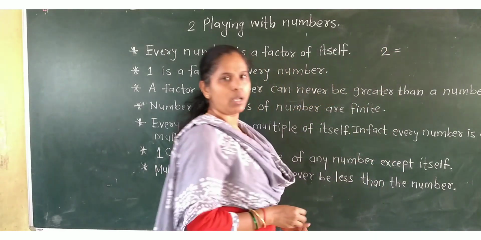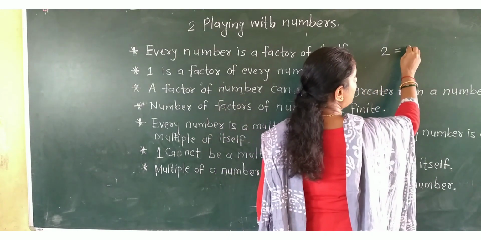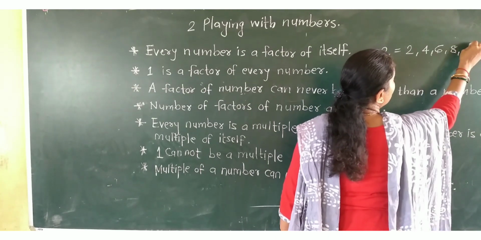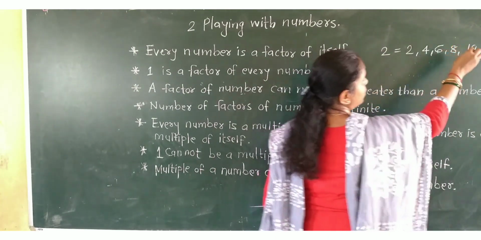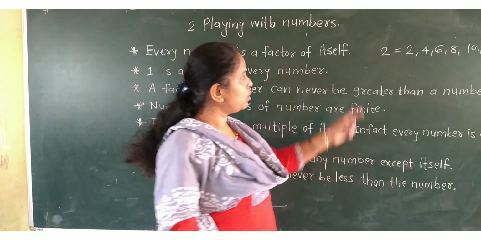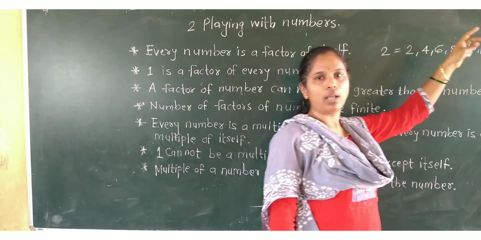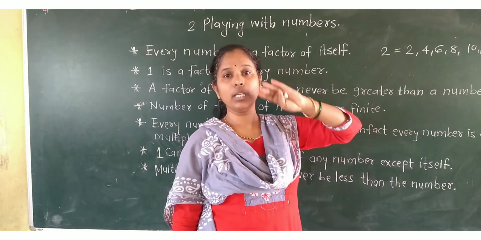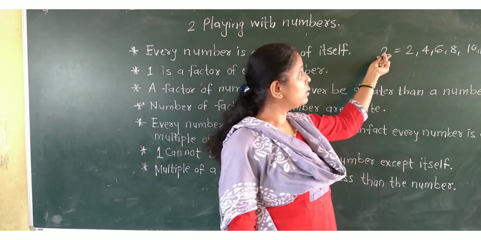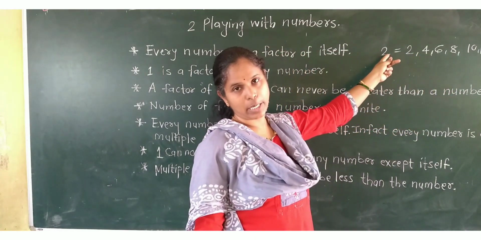2. And I will write the table of 2, that is 2 1s are 2, 2 2s are 4, 2 3s are 6, 2 4s are 8, 2 5s are 10, 2 6s are 12, and so on. Got it? So here 2, 4, 6, 8, 10, 12, the numbers which come in the table, or the numbers which are divisible by a number, those numbers are called multiples.